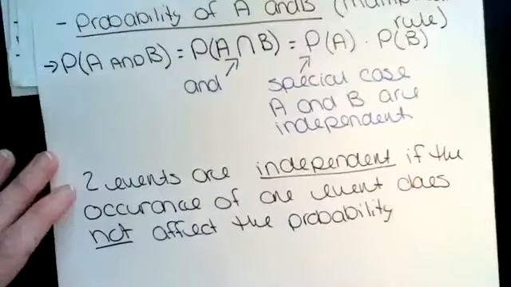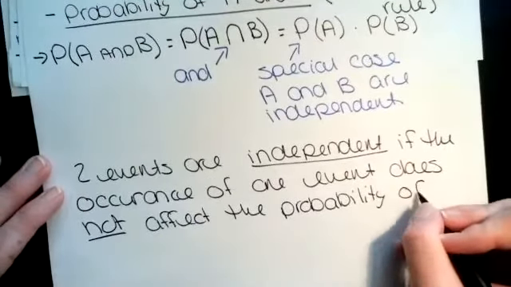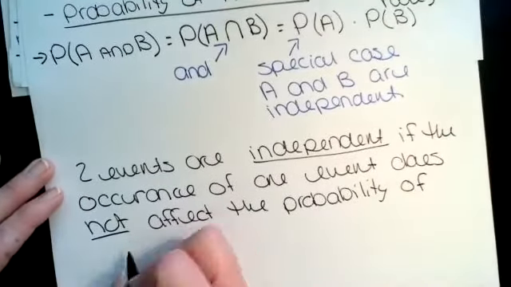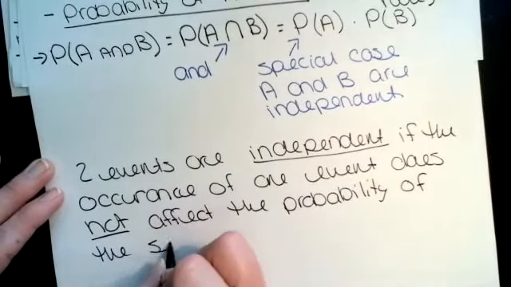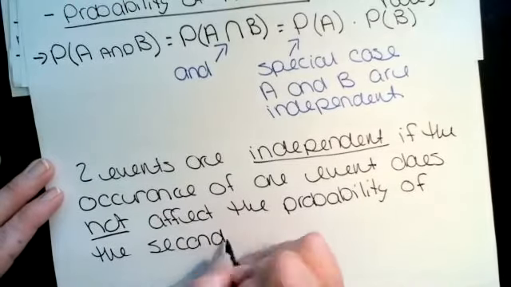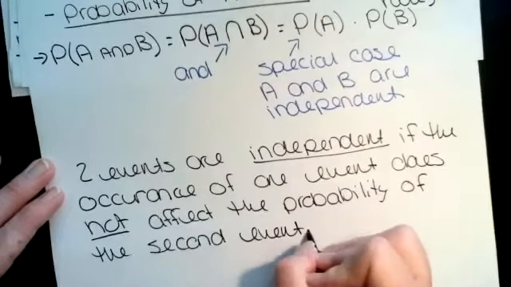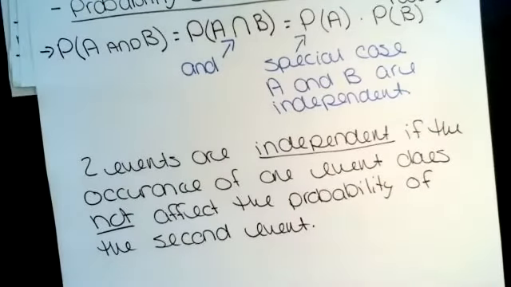Sorry, you guys cannot see that. So that's what independence means: one event occurring does not affect the second event. If it does affect it, then I don't have independence.